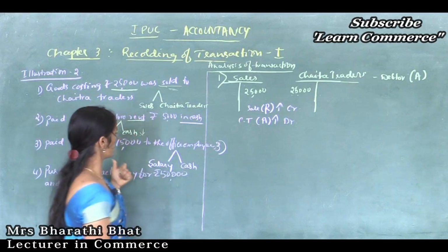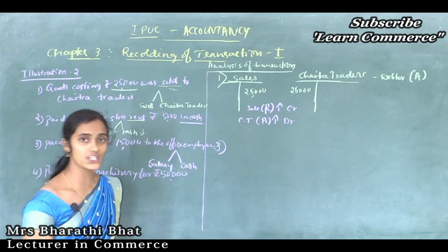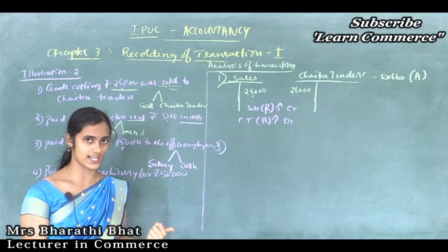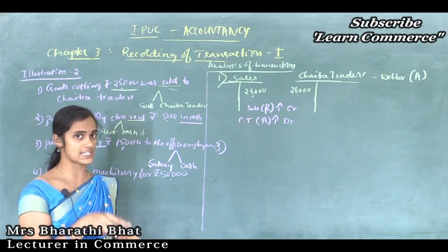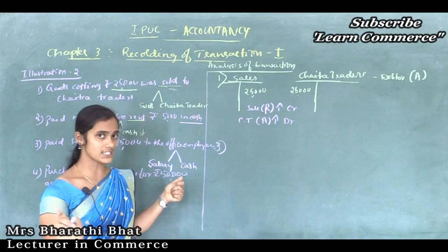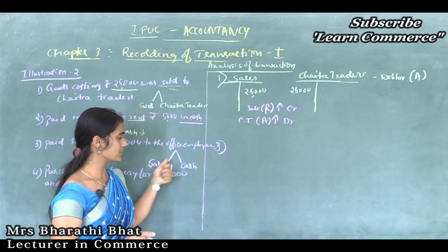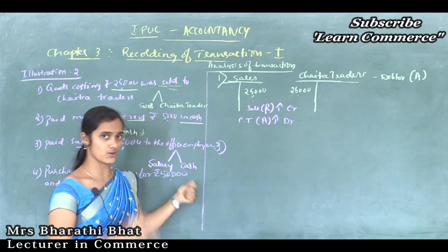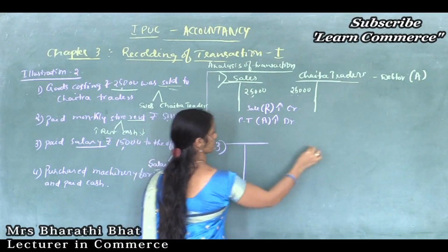Suppose paid salary rupees 15,000 to the employee by check, then you can consider that transaction as a bank transaction. So there you can assume that bank is affected, but here the transaction is not like that. So you should consider salary and cash account as the two accounts affected here.